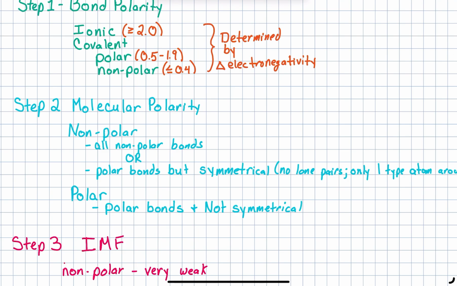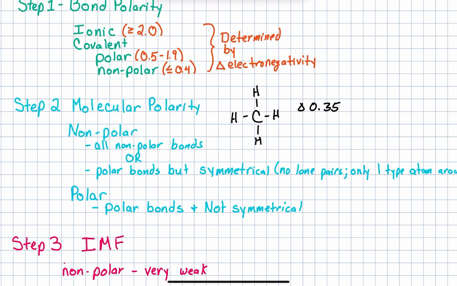So for example, if I have carbon tetrahydride, that carbon and that hydrogen have an electronegativity difference of 0.35. So it consists of only nonpolar bonds, so my molecule is nonpolar.